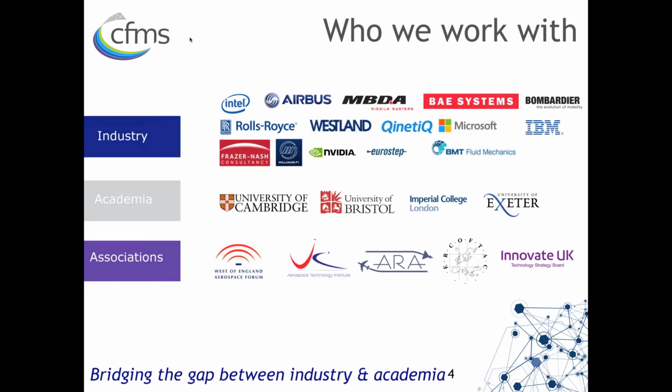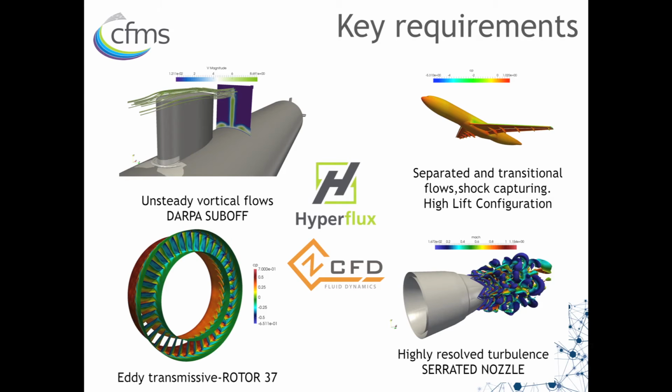Today we are still involved with some of the companies that took part in the core program, and CFMS comes to bridge the gap between industry and academia by identifying the key technologies and bringing them into industry. One of these technologies is the HyperFlux project.